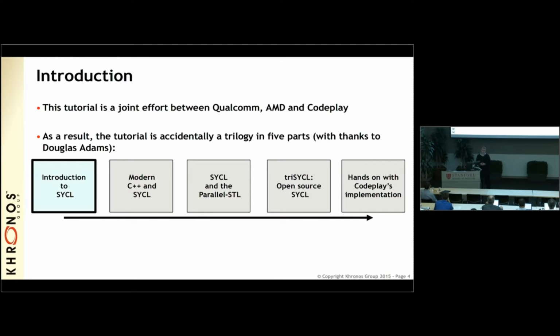We have an open source parallel STL implementation built on top of SYCL. That's a work in progress, but that partly shows the capabilities of SYCL and partly shows the direction we want to go with this. Then we have some discussion of the tricycle open source implementation of SYCL itself.